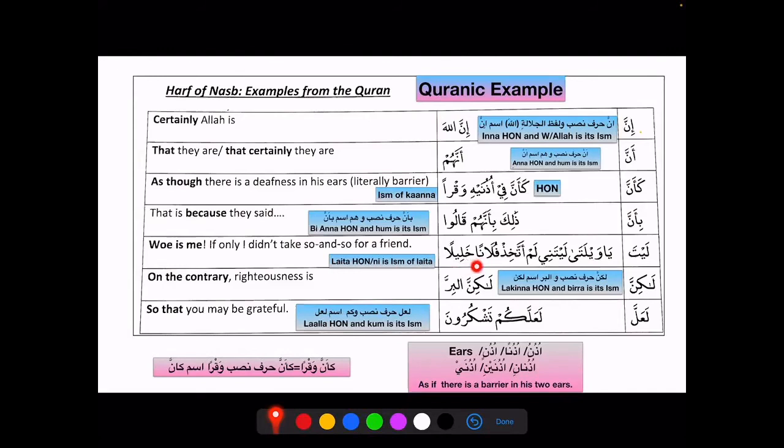Someone who ends up in hellfire and regrets that they made this person a friend, because his friend and he himself are both in the hellfire. And now he is looking at his friend and saying that I regret, and he cannot undo that, right? I wish that I didn't make this person my friend.